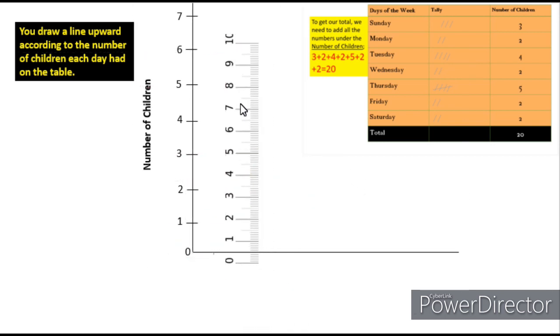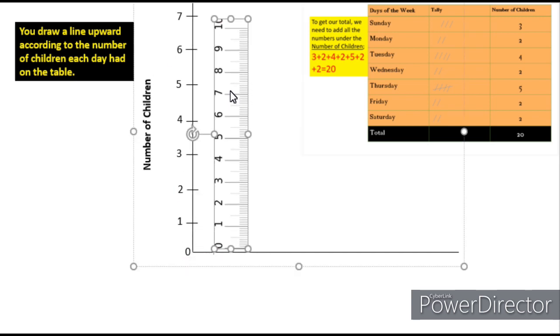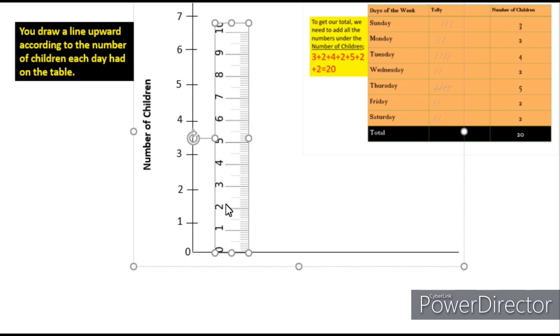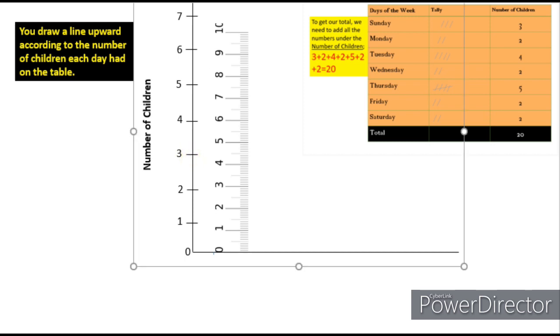You straighten your ruler vertically here like this, and you are going to draw a line that will match that of the first day, Sunday. So Sunday is 3. You can see Sunday here, it is 3. So you are going to draw a height of 3, or 3 steps upwards, 3 steps vertically. So your pencil, and then you draw 3.